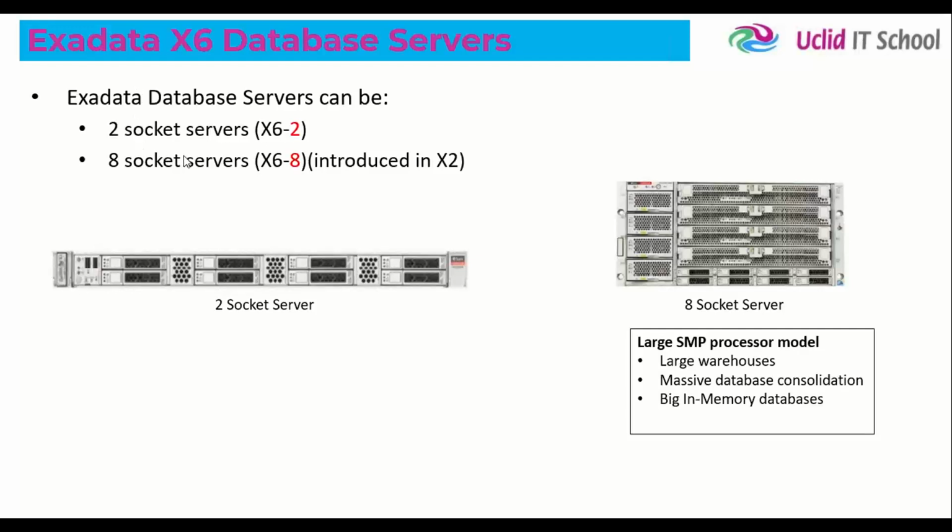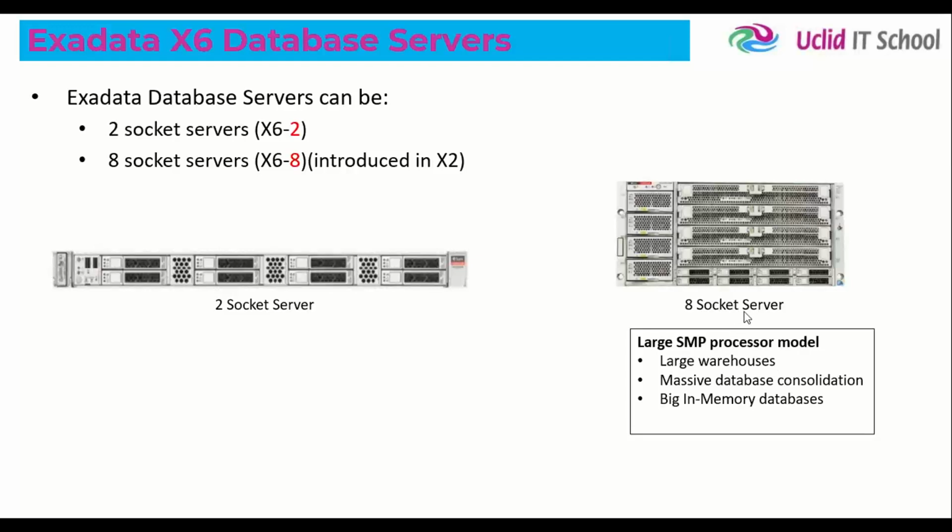So now when you purchase a database Exadata, you can order 2 socket server or 8 socket server. In general, 8 socket server will have more CPUs on a single server. So these types of servers are suitable for large SMP applications, large data warehouses, massive database consolidation, big in-memory databases that require more CPUs on a single chassis.